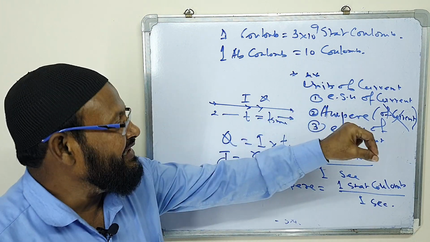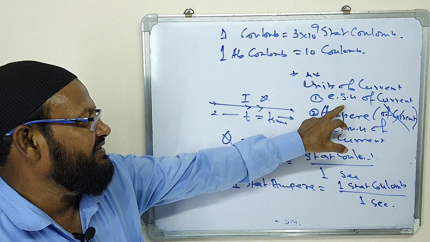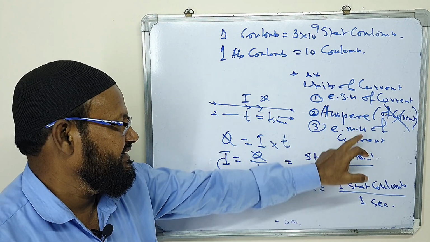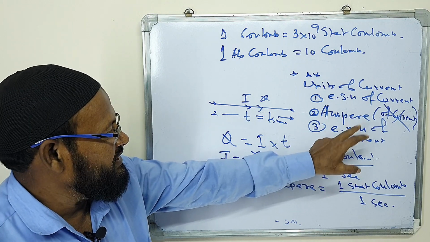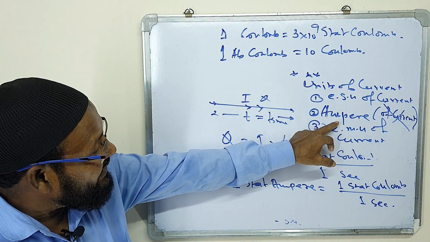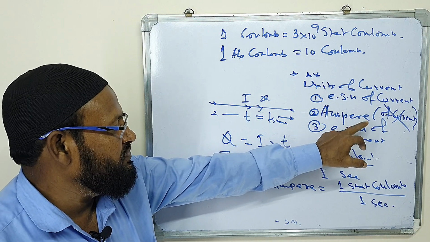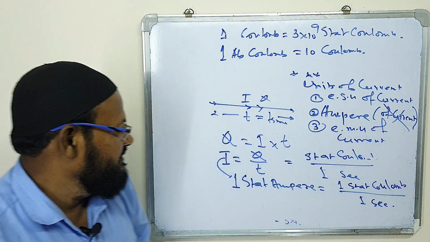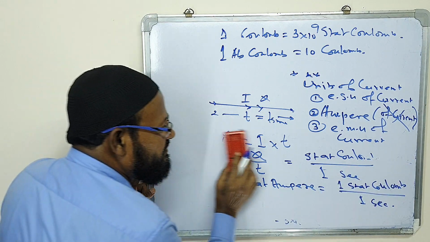It indicates only current, but ESU can indicate potential, resistance, capacitance. Similarly, EMU can indicate potential, resistance like these, but only ampere is used for current. Therefore, here of current is not used.